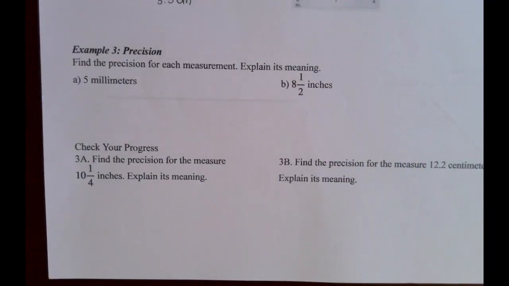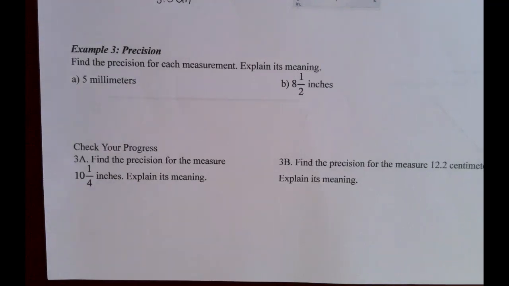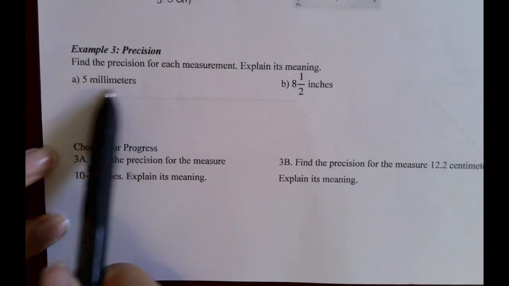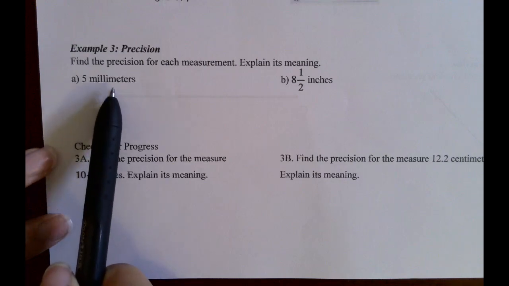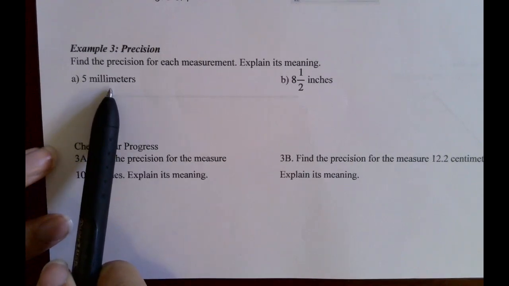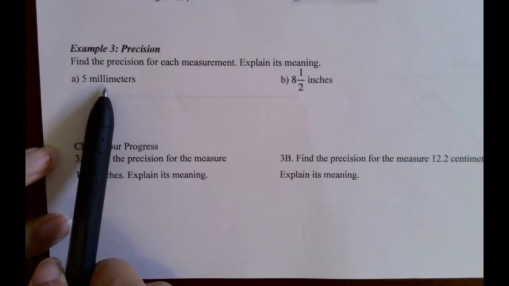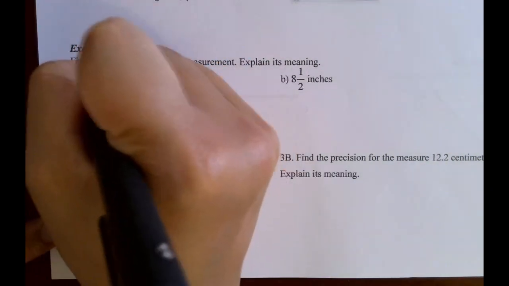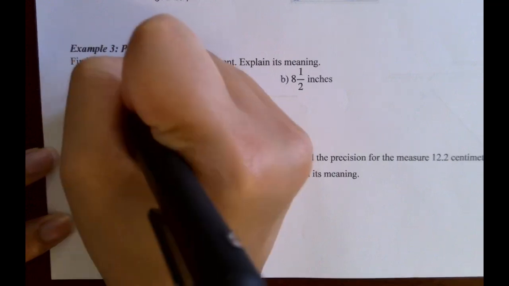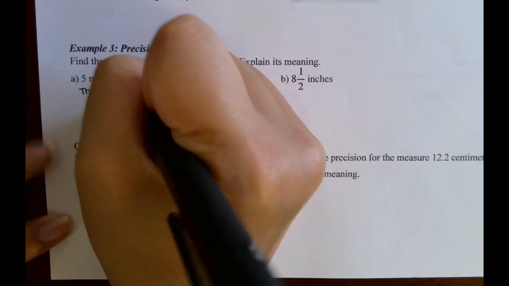Now if we're looking at example 3A for 5 millimeters, find the precision for each measurement. The measurement is precise to half of 1 millimeter, right? And so if it's 5 millimeters, the measurement is in millimeters, so the measurement is precise to within 0.5 of a millimeter.